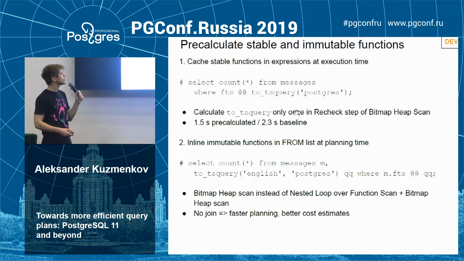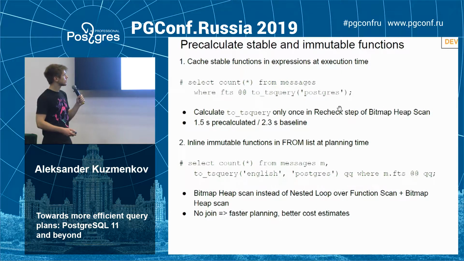And there are two patches, the first for caching stable functions in expressions at execution time. So we have a query like this, just full-text search. We have a GIN index for this. The query goes through a bitmap heap scan.